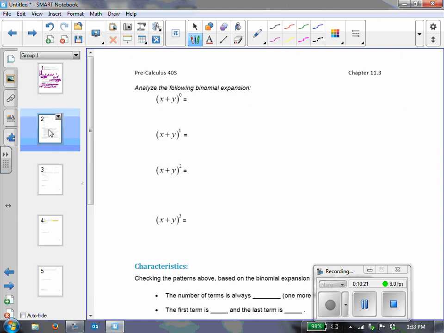Okay, here we go. We're going to multiply some stuff. Anything to the exponent 0 is what? 1. So that's nice and easy. Anything to the exponent 1 is? Itself. Even easier.